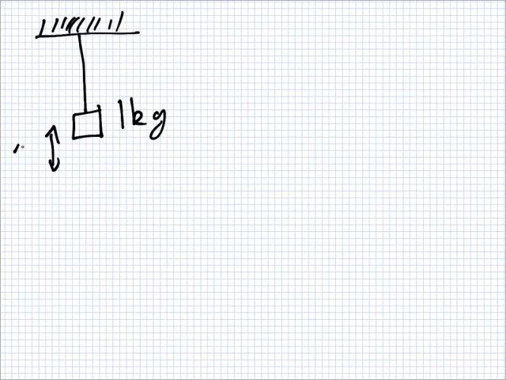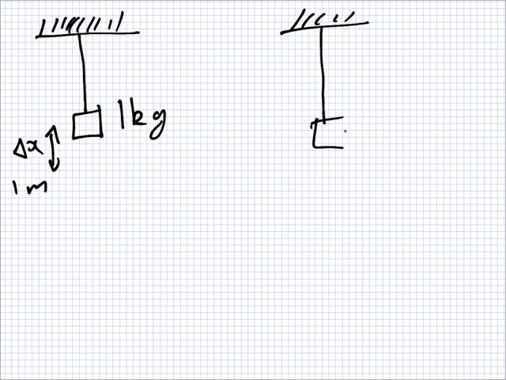Right, in the first case, how much is the weight? 1 kg. And then the extension? 1 millimeter. And then the second case? 1.5 kg. And the extension is 2 millimeters.